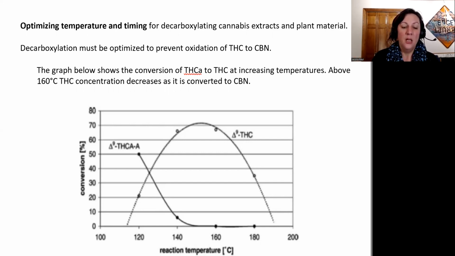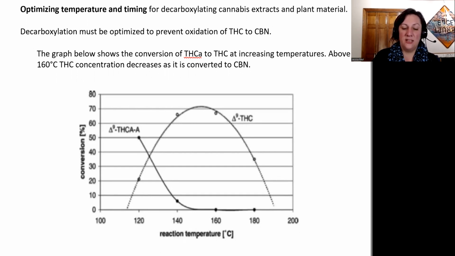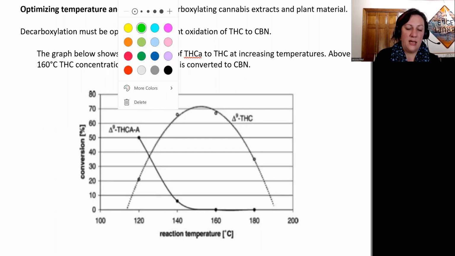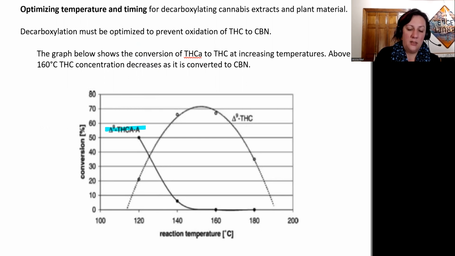So this graph right here is showing the conversion of THCa into THC, and it's looking at concentrations. So here's our THCa curve, and here's our THC, and we're looking at a percent conversion. This is the percentage of THCa that has converted into THC.